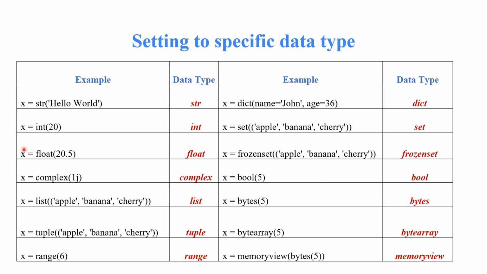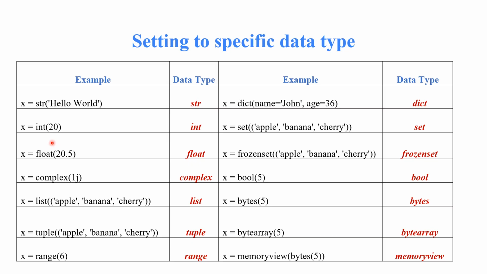Now we can say x is equal to str of, in the bracket, hello world, meaning the input here is going to be a specific data type, that is str. Use these keywords to set it to the specific data type. When I want my data type to be integer, I give int in front of my integer. Similarly, float and complex.